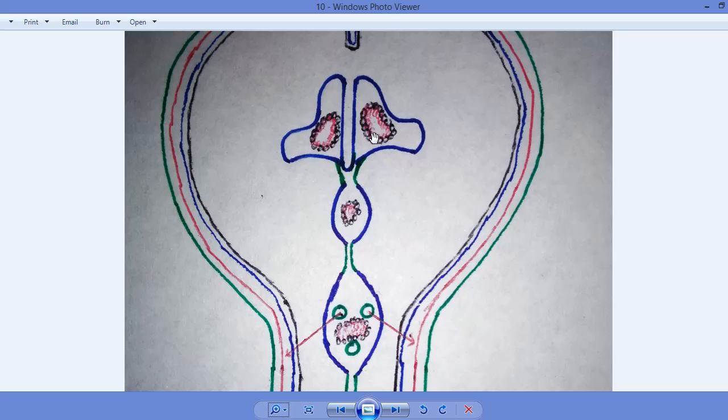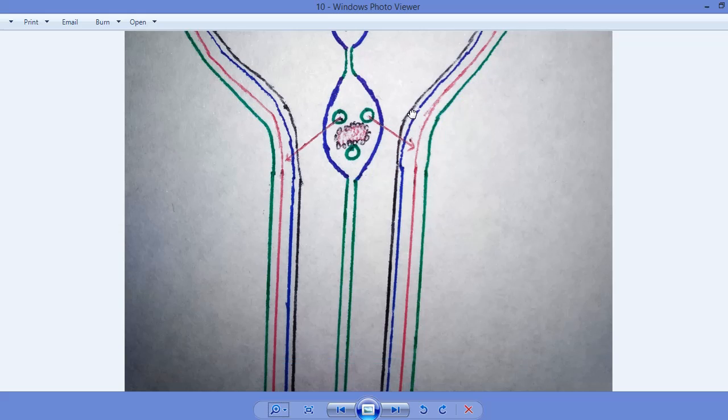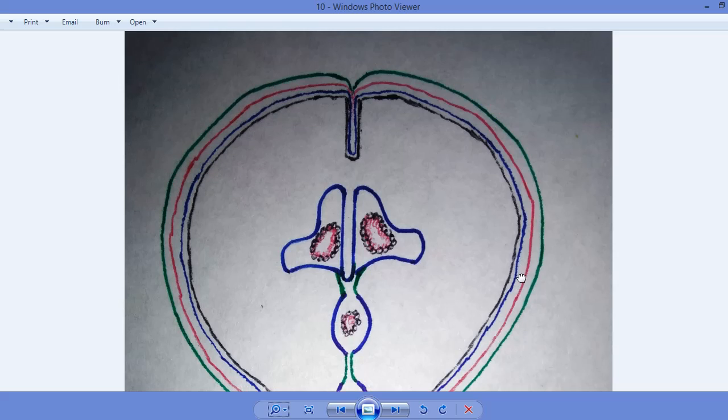After formation, it goes from the two lateral ventricles to the third ventricle, then to the fourth ventricle, then to the subarachnoid space. From there it goes all around the brain and spinal cord, and it also goes to this area.